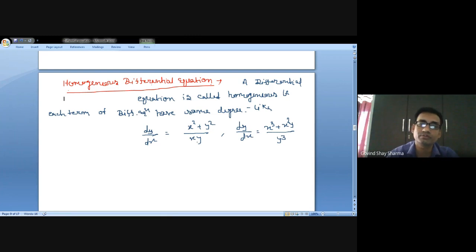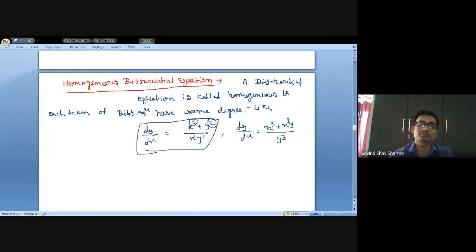Here we see that in the first equation, x has degree 2, y has degree 2, and the term xy also has degree 2.